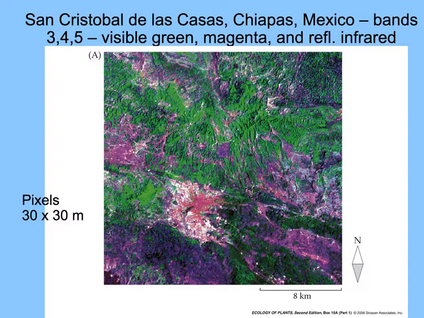So this beautiful image is a remotely sensed vegetation in the mountains around San Cristobal de las Casas in Chiapas, the southern part of Mexico, and with colors detected in bands 3, 4, and 5. These are reflecting green, magenta, and infrared colors. And the color is correlated to the intensity of photosynthetic pigments.